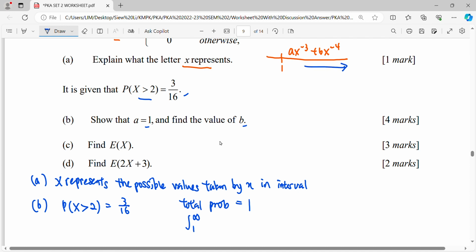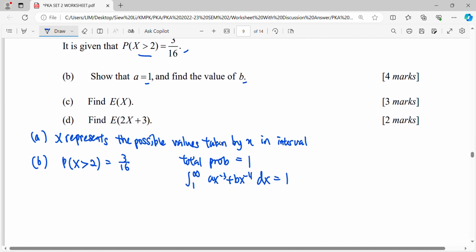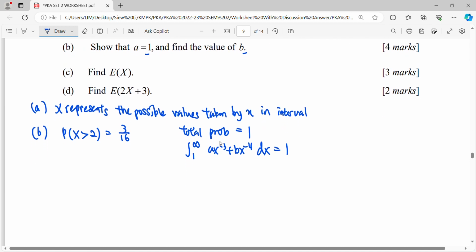We don't have an upper limit, so from 1 up to infinity for ax negative cube plus bx negative 4, dx equals 1. Based on these two pieces of information, we try to find out a is 1 and the value of b.